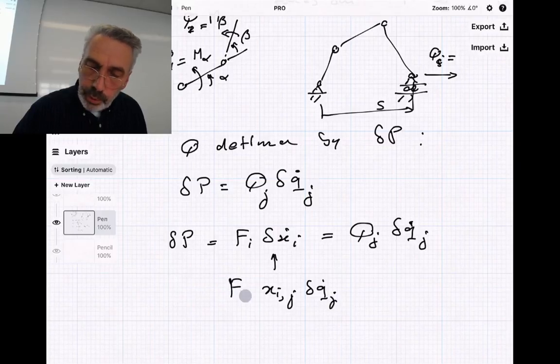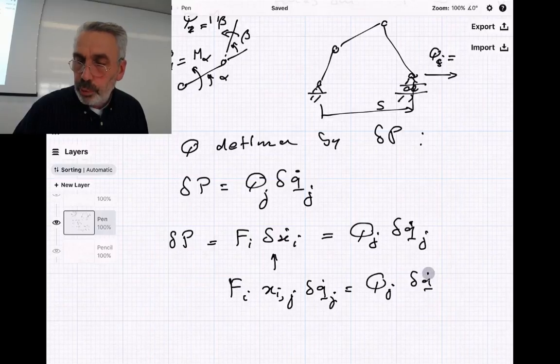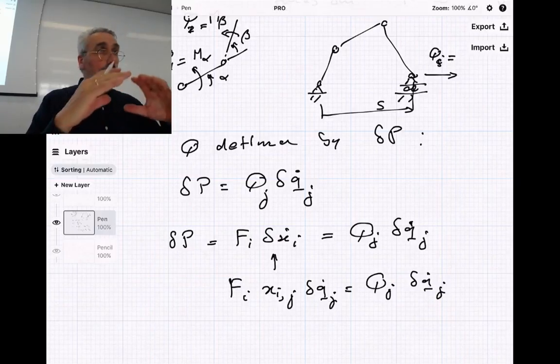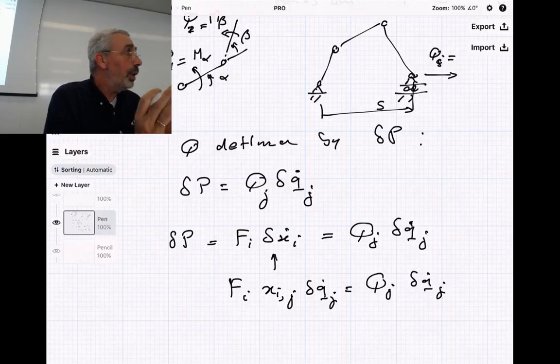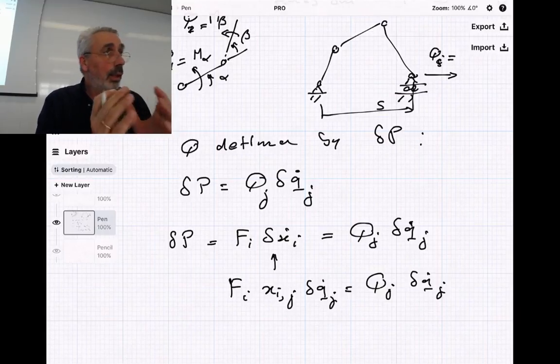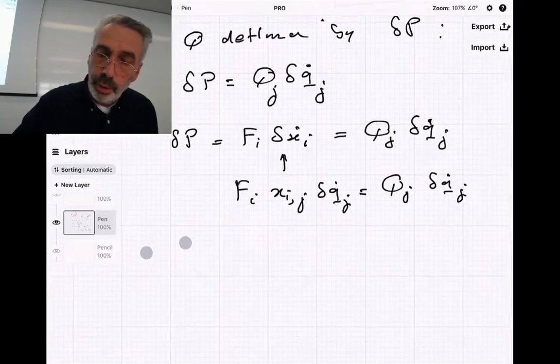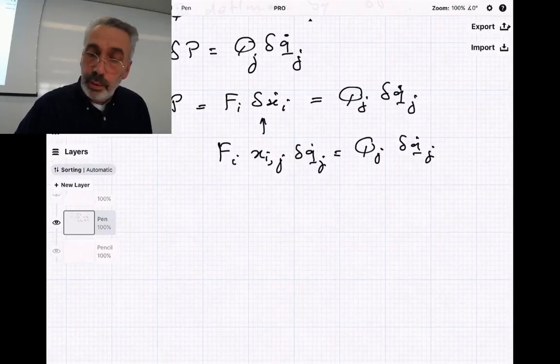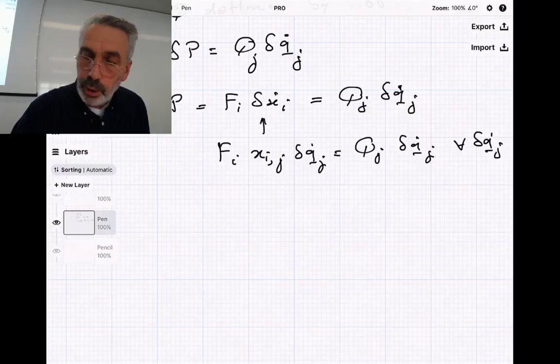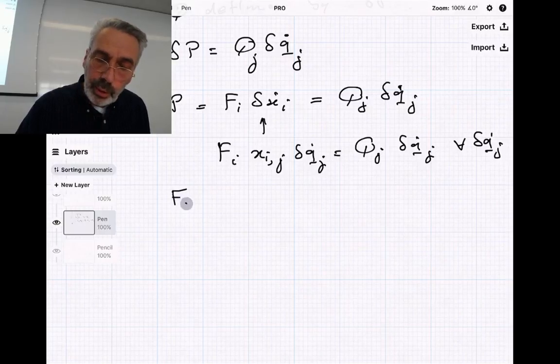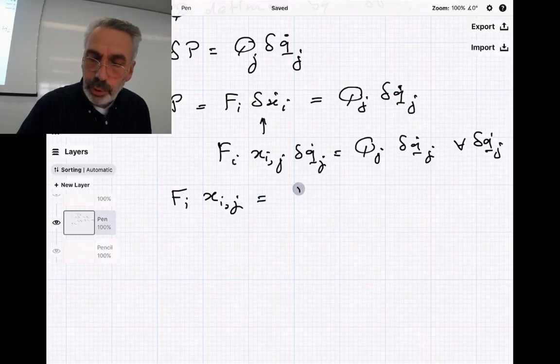And of course, this should hold for all virtual velocities, because we are now only working in that small set of generalized coordinates, and there are no constraints on those. Since this holds for all virtual velocities q dot j, we get j equations, Fi xi comma j equals Qj.